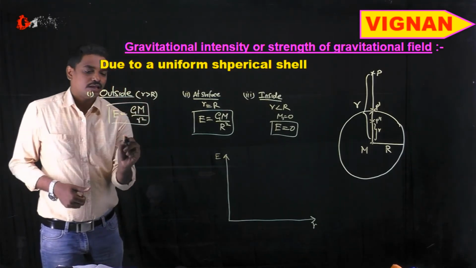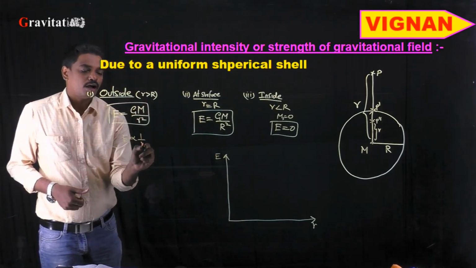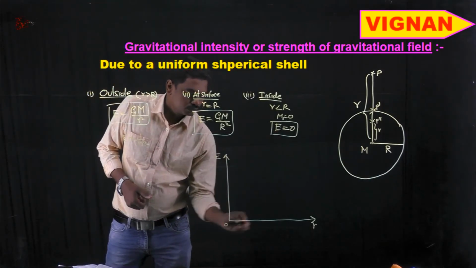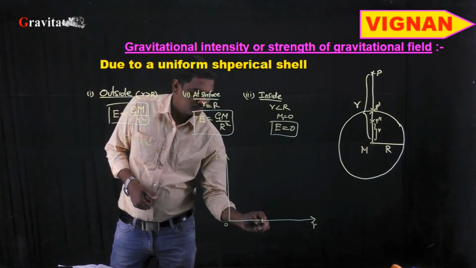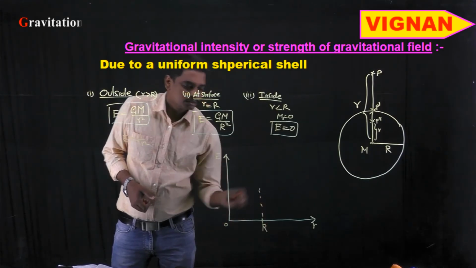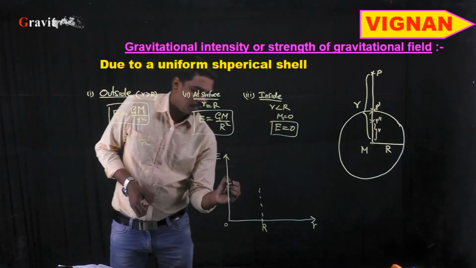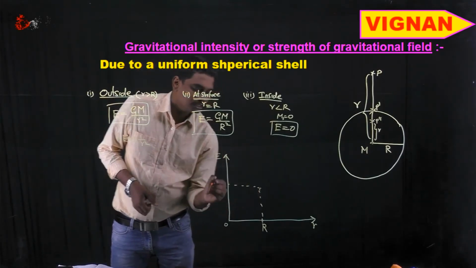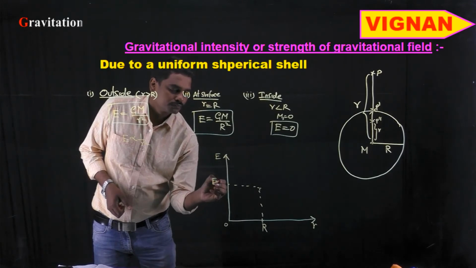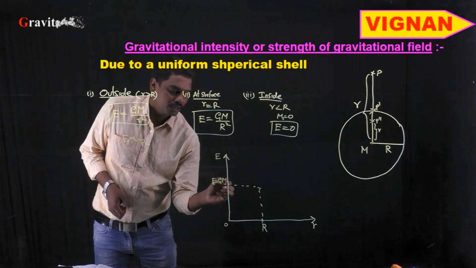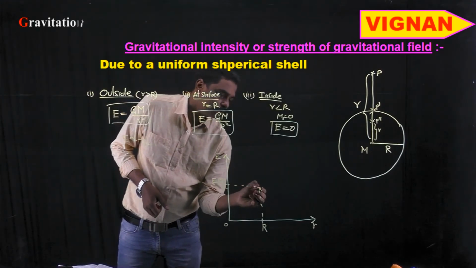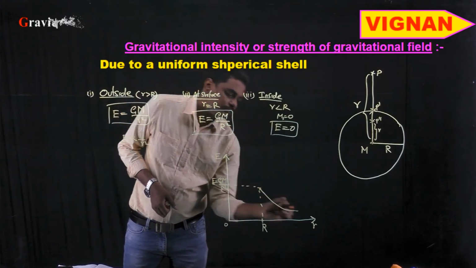Here, as E is proportional to 1 by r square, and here E is 0, from 0 to the distance of capital R, until the surface, E will be 0. And at the surface it is maximum, E is equal to G capital M by R square, and thereon it will be decreasing like this.